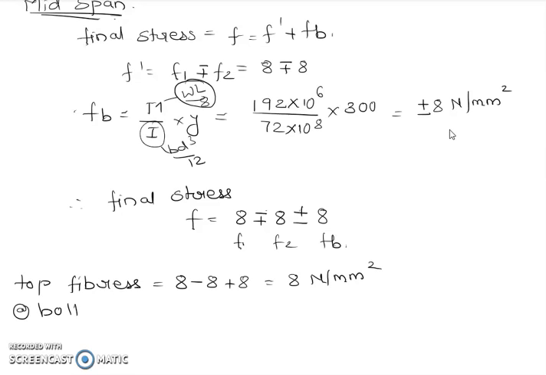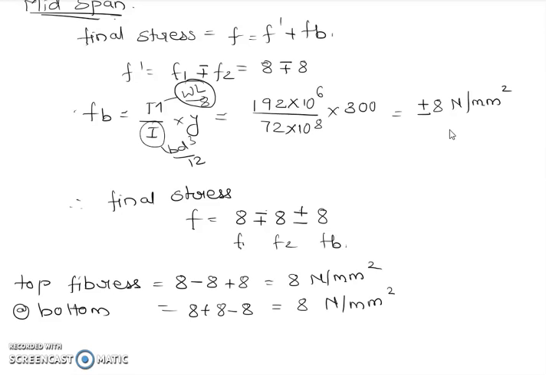At the bottom fiber it will be 8 plus 8 minus 8. It is 16 minus 8, which will be 8 again. So at the top fiber and at the bottom fiber, the stress remains the same, equal to 8 Newton per mm square.